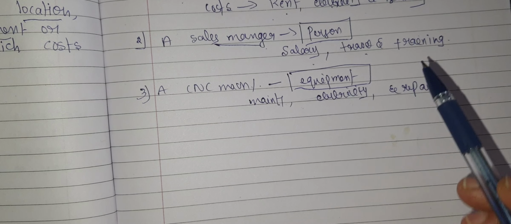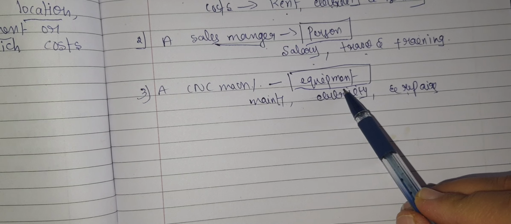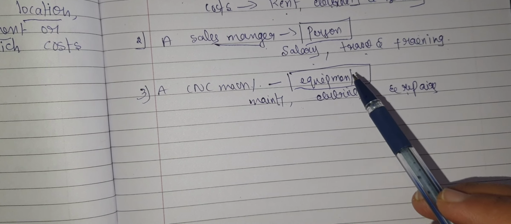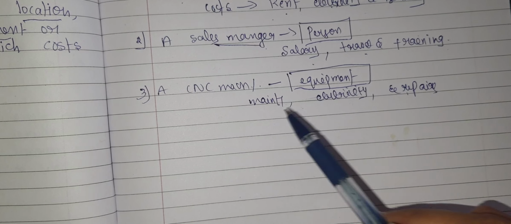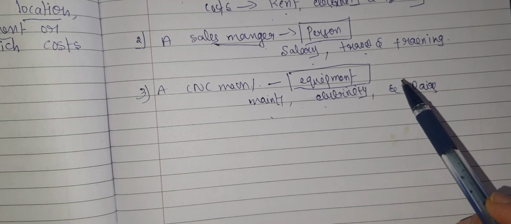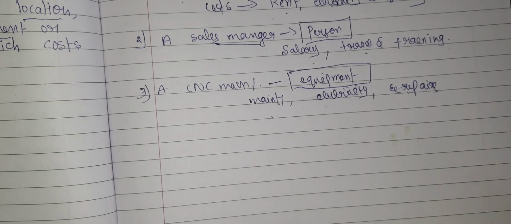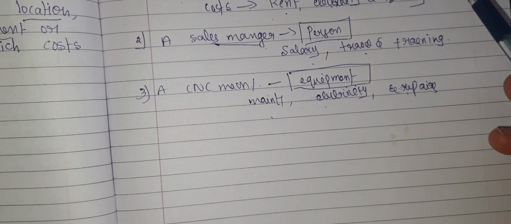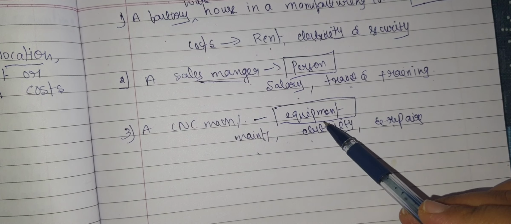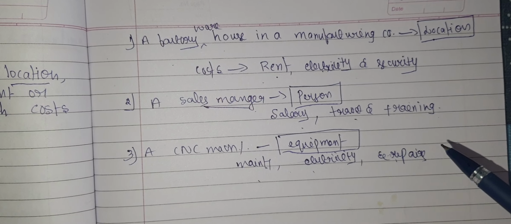It can be an equipment based cost center. Here the company tracks the cost related to its maintenance, electricity or any repairs of the equipment, so as to control expenses. So these are the examples of location, person and equipment based cost centers.